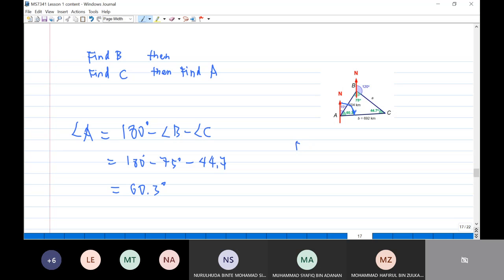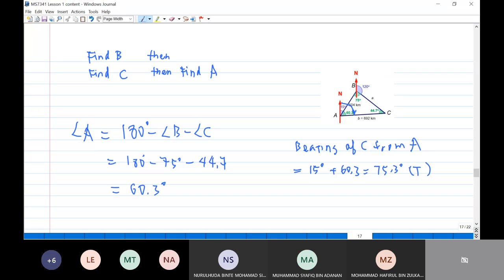So bearing of C from A. From the picture, you can see 115 degrees, because initially there's another 60.3. So 75.3 degrees true bearing. Then true bearing must have a T behind. Okay, this answers the question, bearing of C from A.